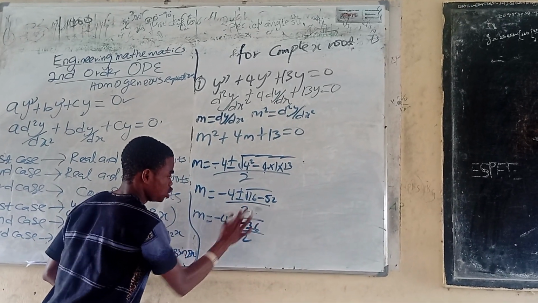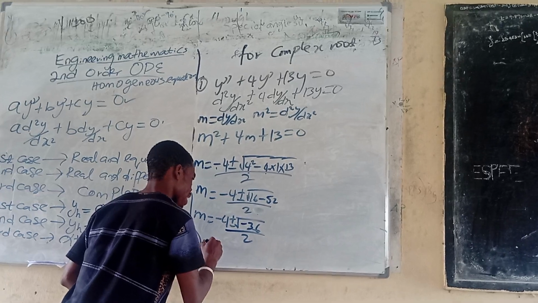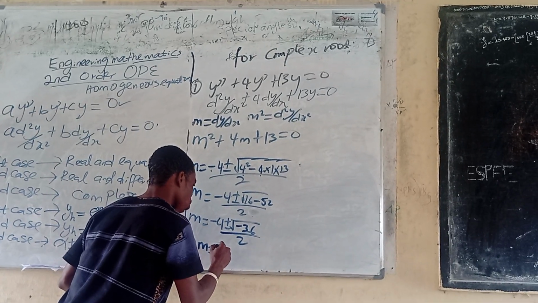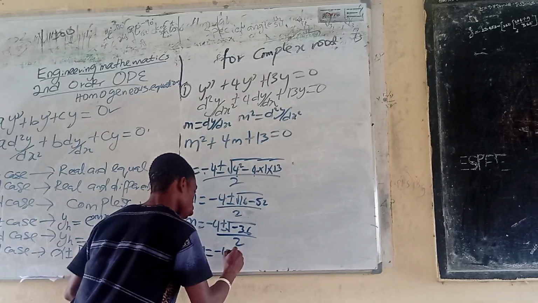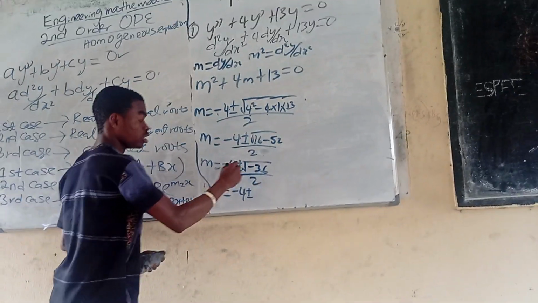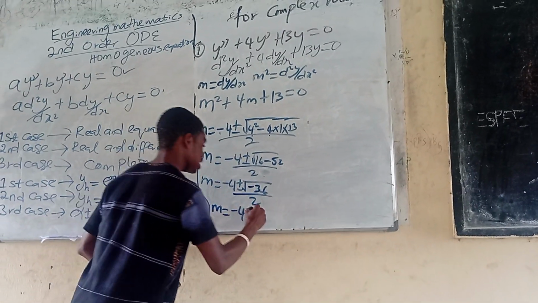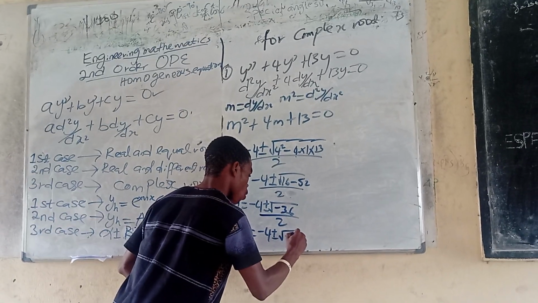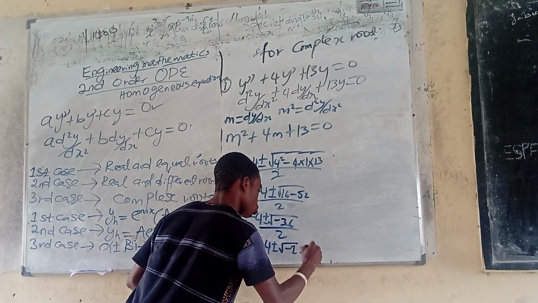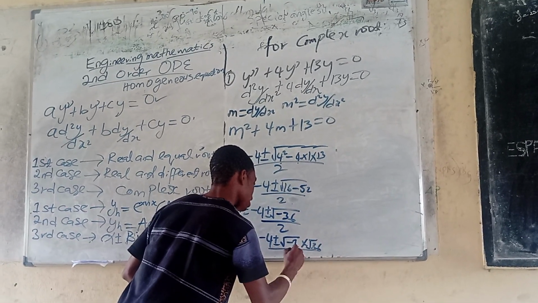Sorry, this is not 2a, just 2. So m equals minus 4 plus or minus the square root of minus 36, which can be expressed in the form minus 1 times the square root of 36, divided by 2.